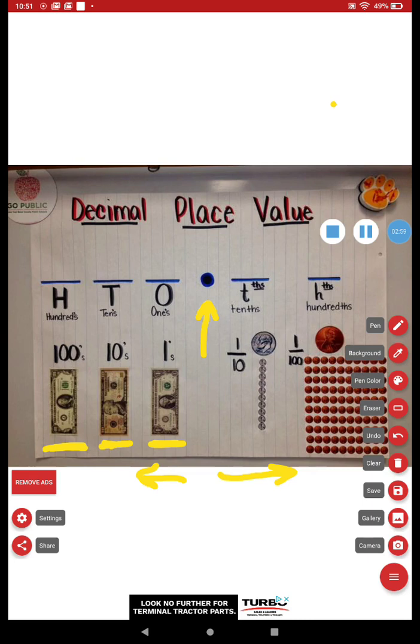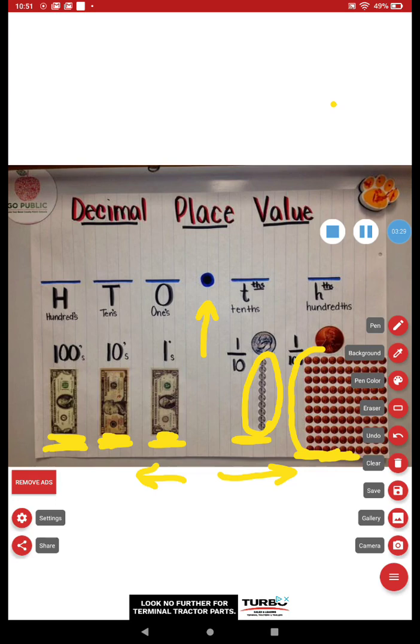Tenth place is like a dime. Hundredths place is like a penny. We learned that we call it that because there's 100 pennies in a dollar. There's 10 dimes in a dollar. And there's 10 dollars in a $10 bill, and there's $10 in a $100 bill.